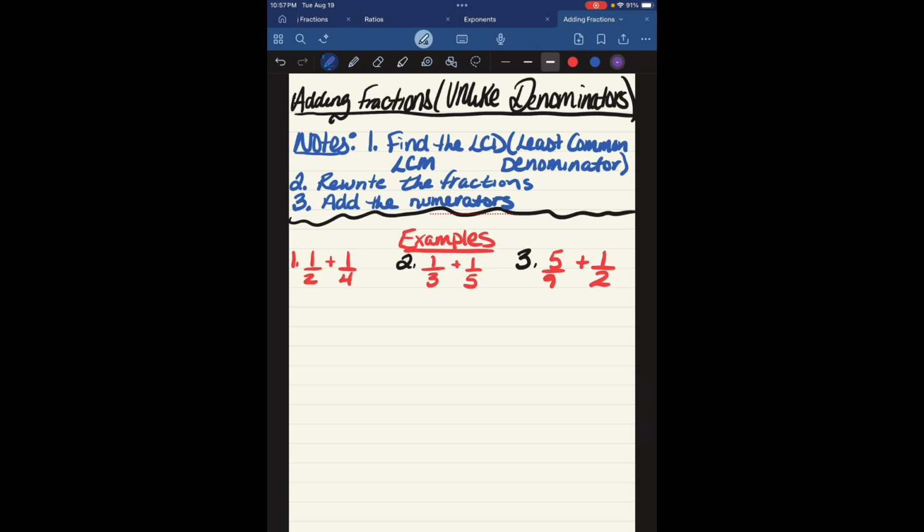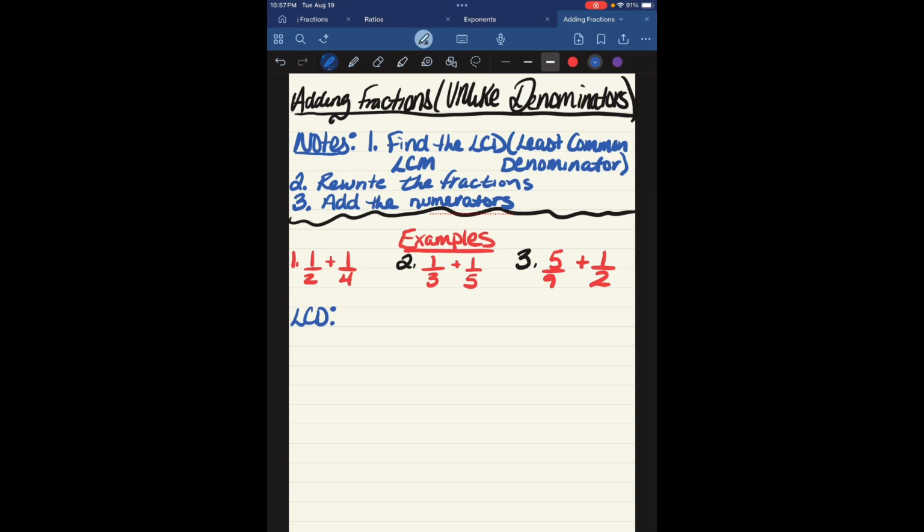So number one, we got 1/2 plus 1/4. So first, we're trying to find the LCD between 2 and 4, because the 2 and the 4 are our denominators, but they're not the same.